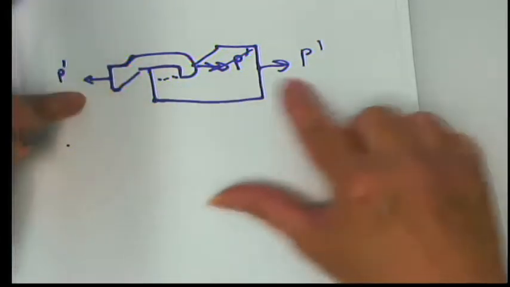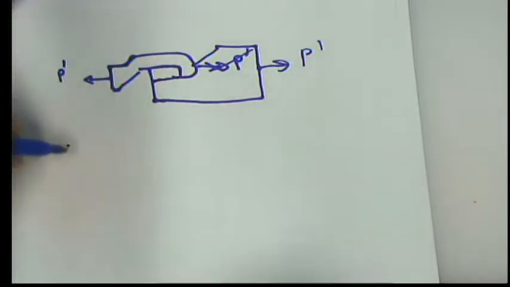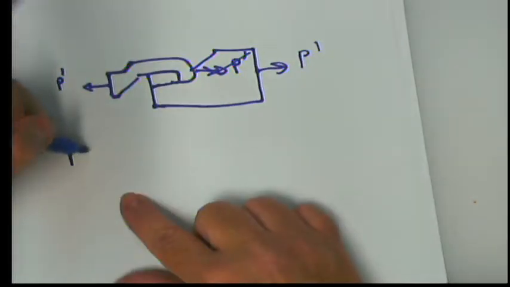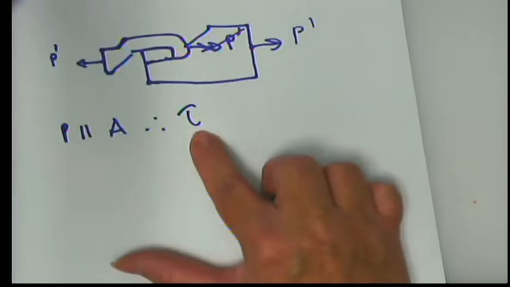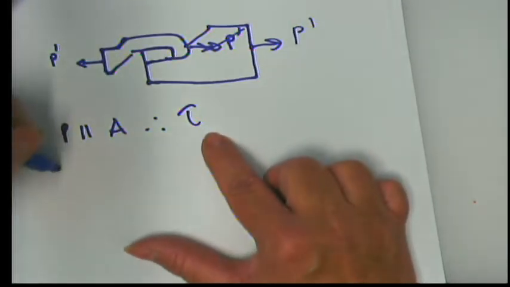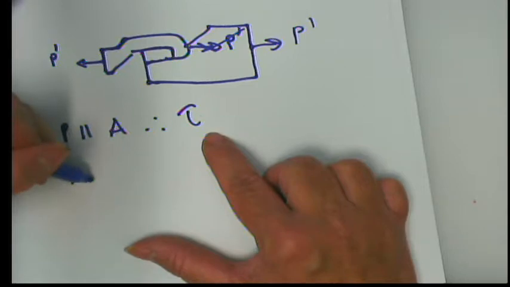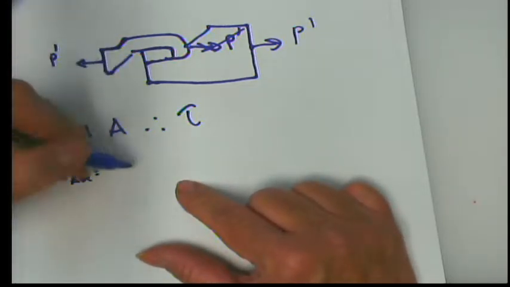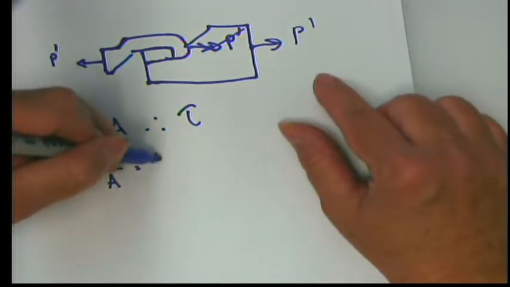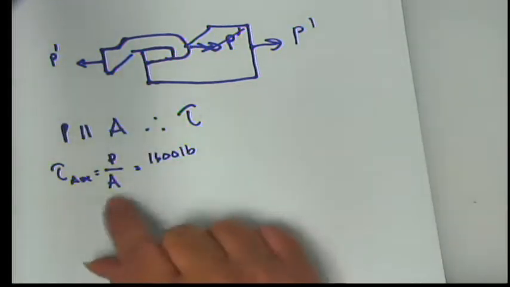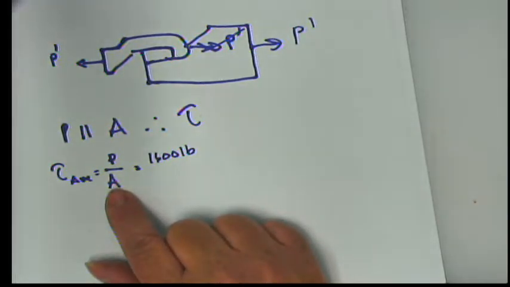And because P and this surface are parallel, we are talking about a shearing stress. And they ask us to find the average shearing stress, which is just, in this case, P, we've formerly called that V, over A. So we know that our P is 1,600 pounds, and now all we need to do is to do a little bit of analysis to determine what that area is.